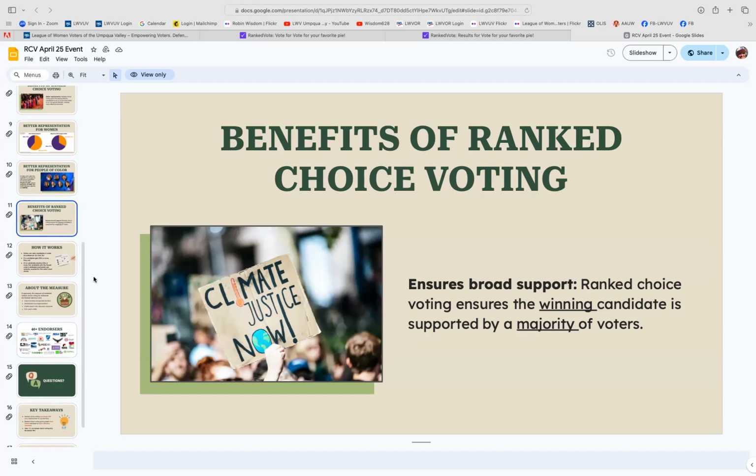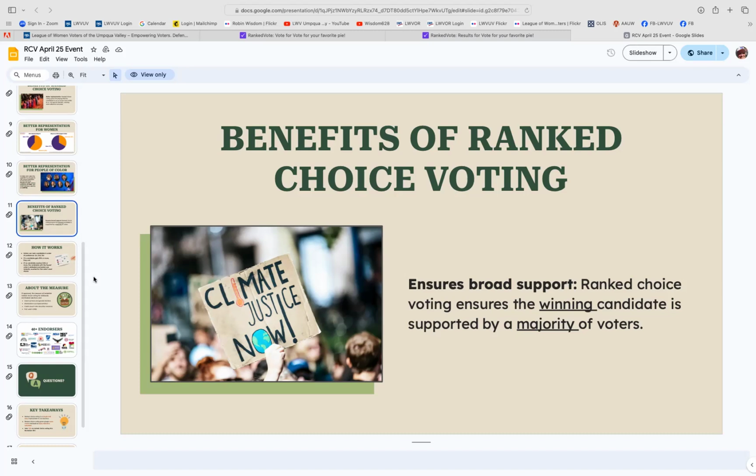Safeguarding our environment so that future generations and current generations are able to enjoy it, that's a priority for Oregonians. And we're not always seeing that actually match up with the policy that is being introduced. With ranked choice voting, it can ensure that the issues that are broadly supported are actually turning into action. There are actual policies that are being introduced on behalf of those different issues.